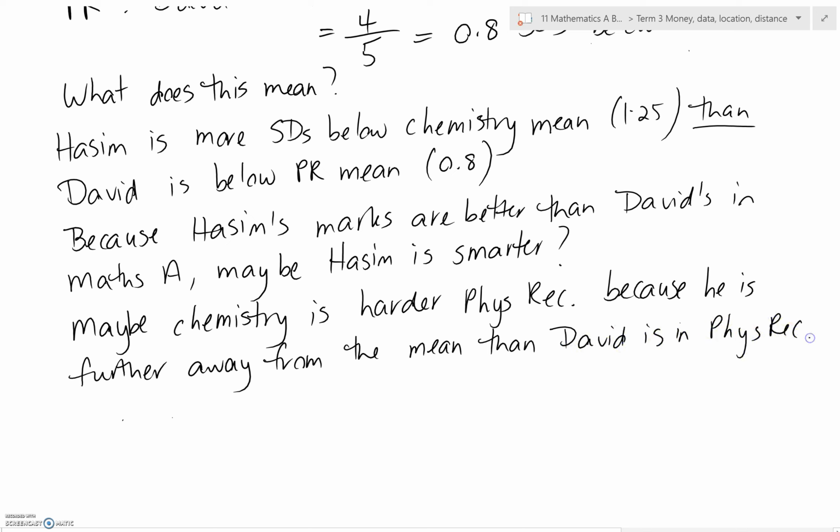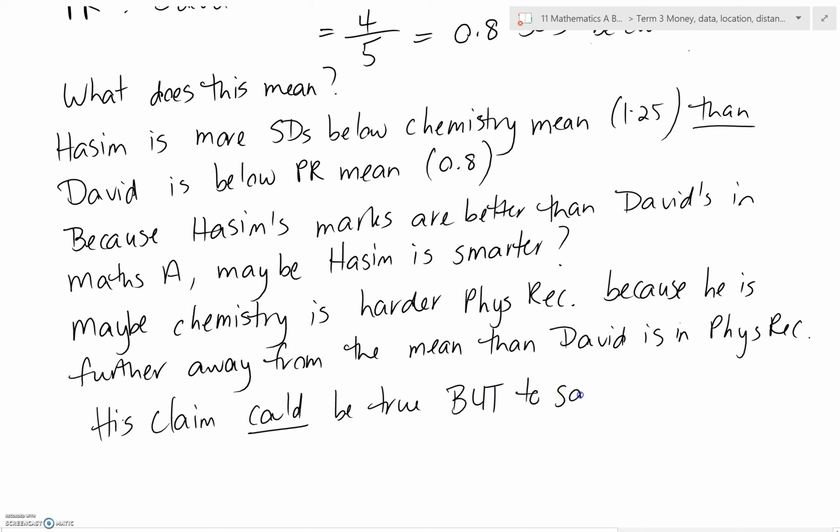Now, can we say this for sure? No. So, Haseem's claim could be true, but to say that, we would need to make a lot of assumptions.